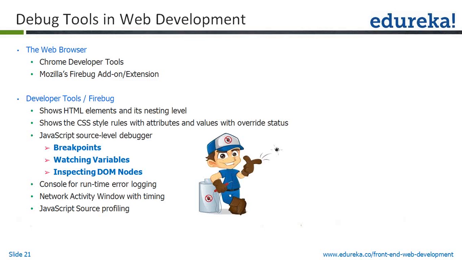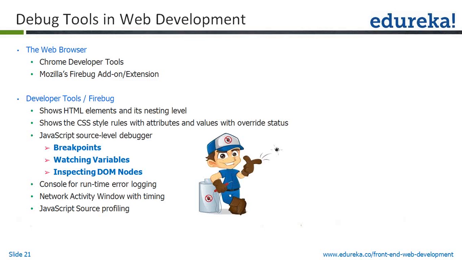These debug tools will help you to see the nesting of HTML elements and what CSS rules are getting applied on the particular HTML element, and whether some CSS property is getting overridden by another property which is declared later in the file. All these things you can see in the developer tools or Firebug.